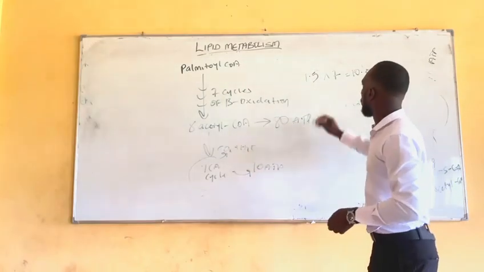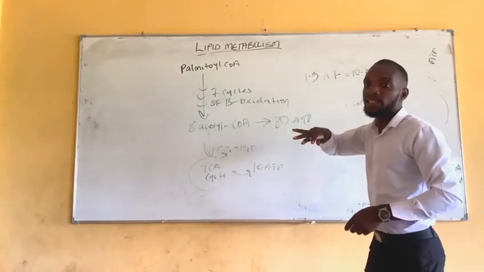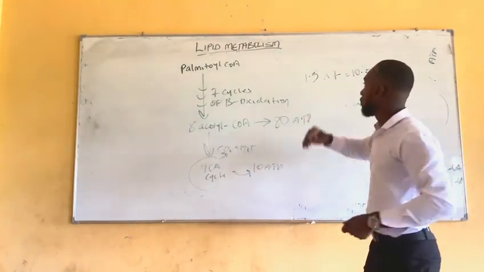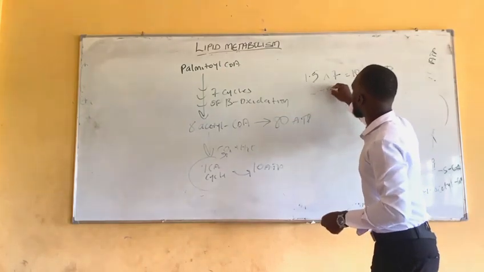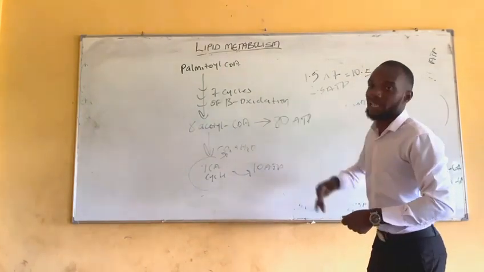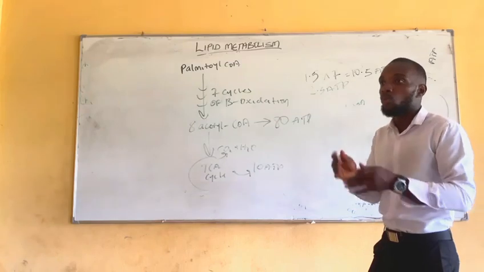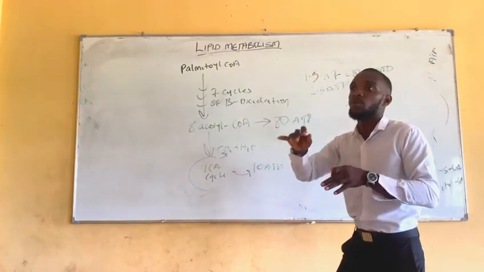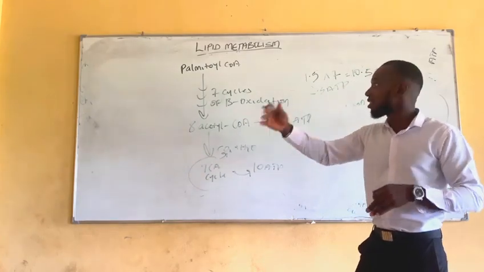You understand? Another one is the NADH. I know that it will liberate 2.5 ATP in the respiratory chain. You multiply it by 7 cycles, because in each cycle NADH is released, which should enter the respiratory chain to form 2.5 ATP. So this undergoes 7 cycles.